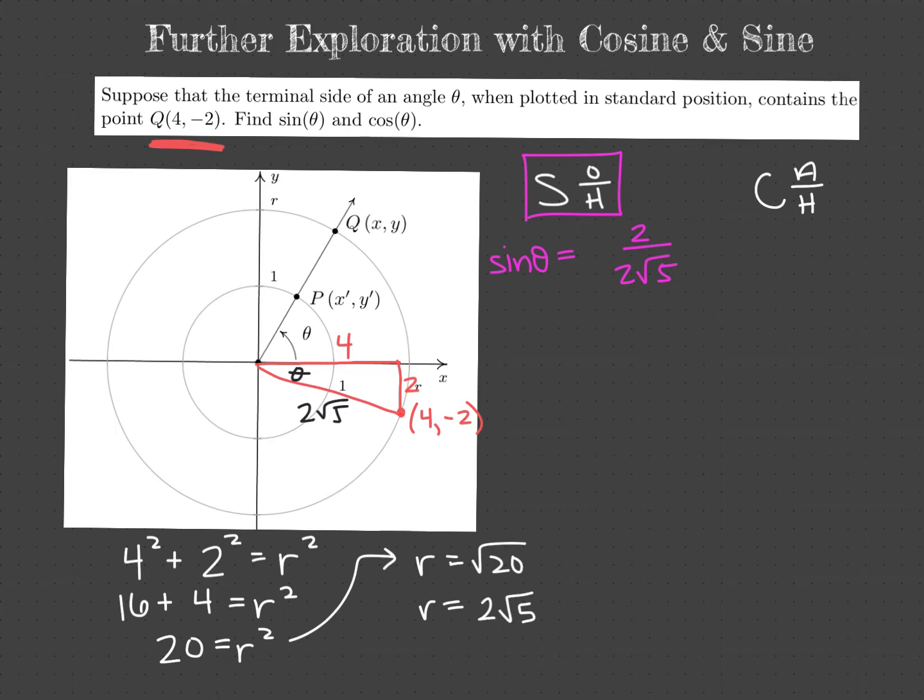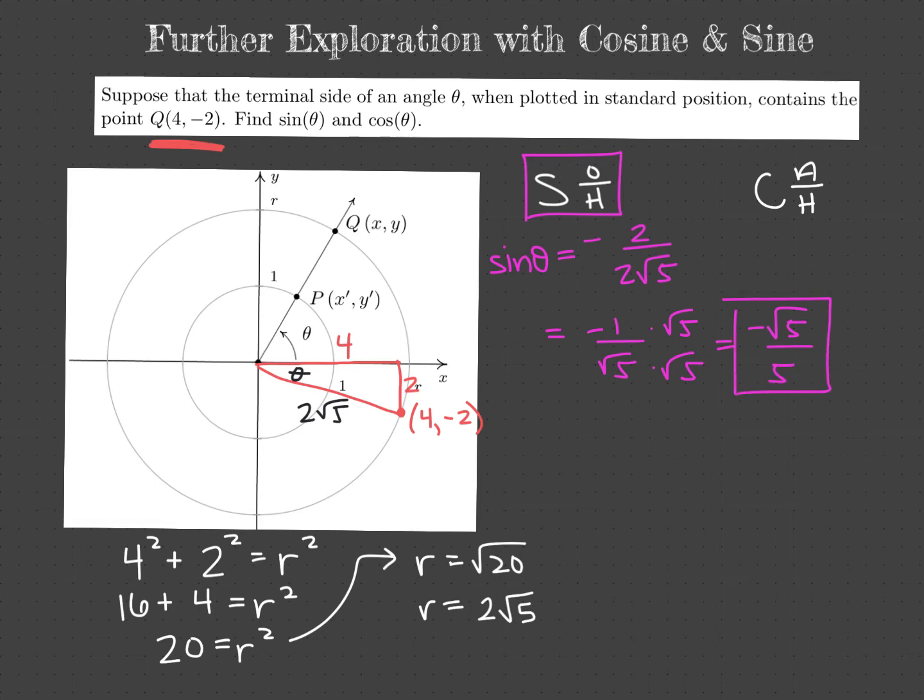You also could have gotten that by knowing that this is really -2. Now we can simplify a bit. So we have -1 over root 5 when we cancel the 2's. And of course, we do not like writing roots in our denominator, so we'll multiply the top and the bottom by root 5. When we do that, we'll get -root 5 over 5. And that's the sine of theta.